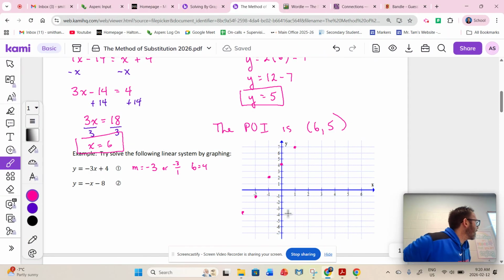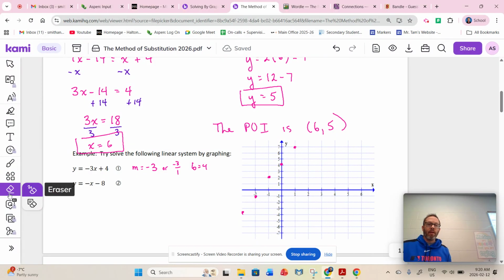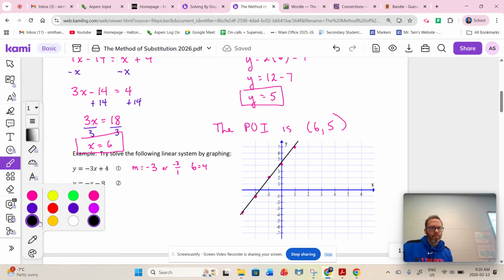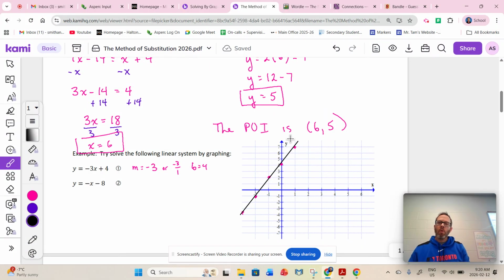That looks like all the points I can get on this grid that I've provided. Connect those to make a straight line. So there's my line 1. Okay, no big deal. And then I'll graph my second line.